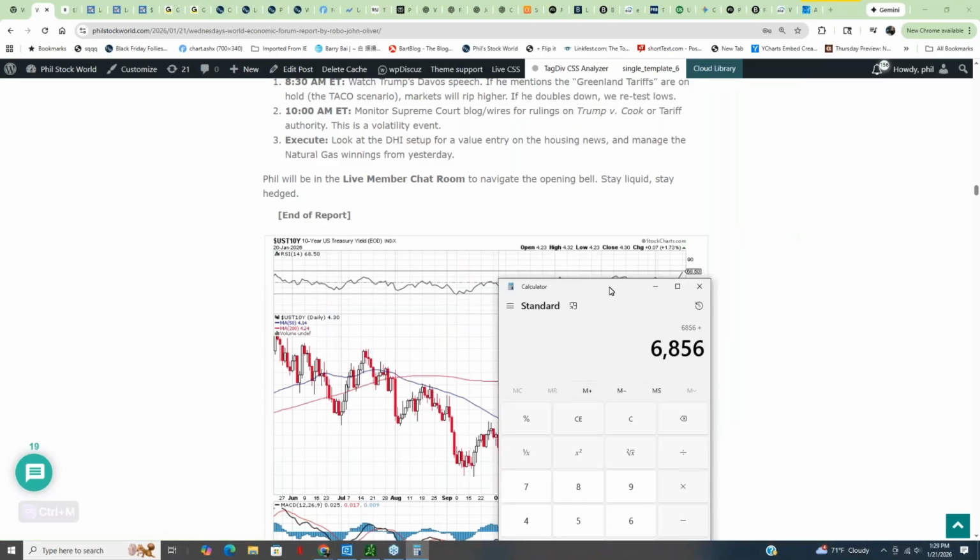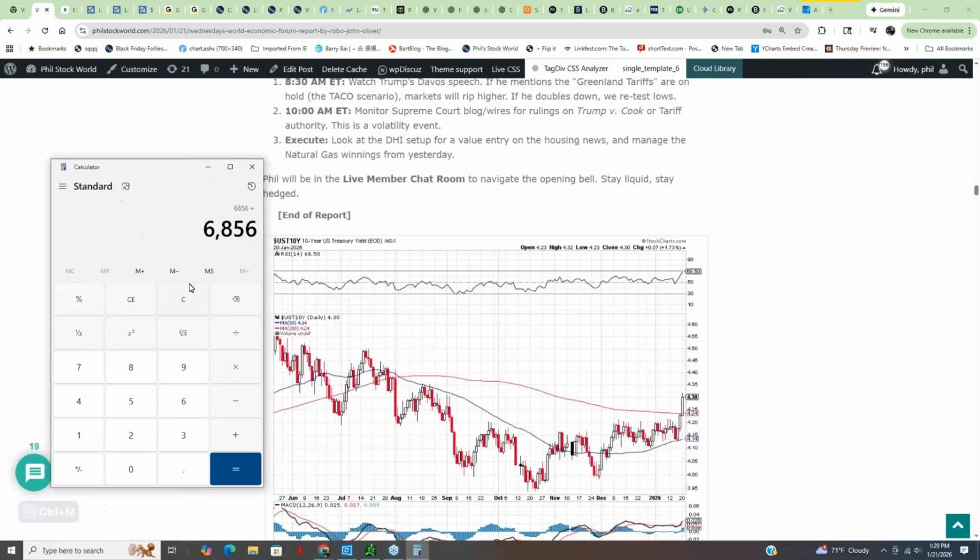We have a 40 trillion-dollar debt, and 0.01 times... 1% is $40 billion.